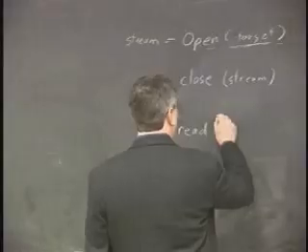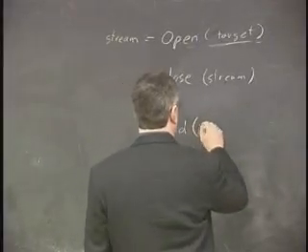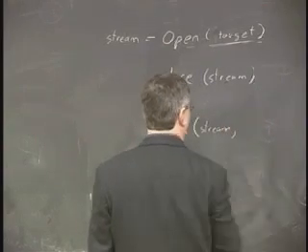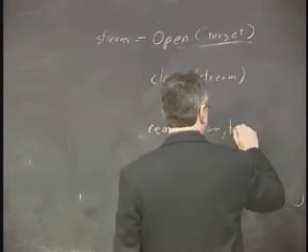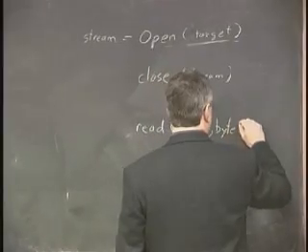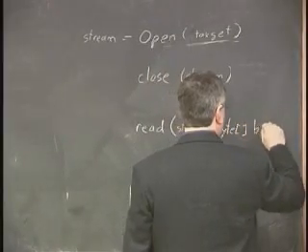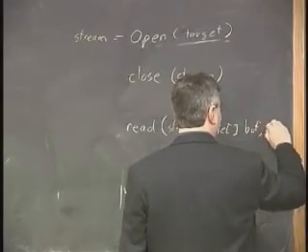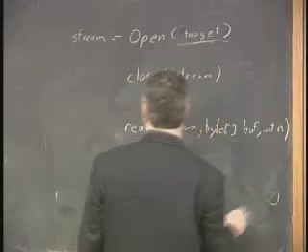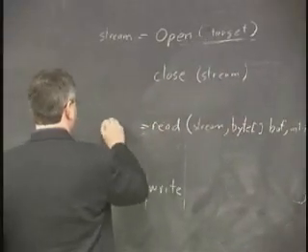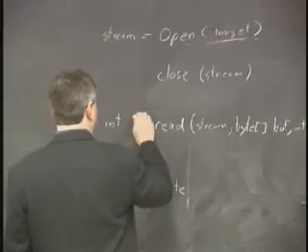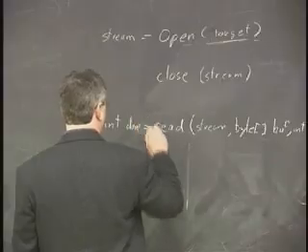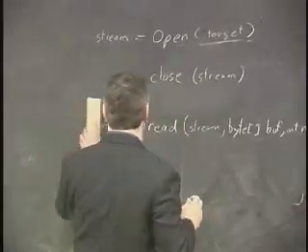So the other 2 are read, which, aside from the stream, usually takes a buffer and a count and returns an int.